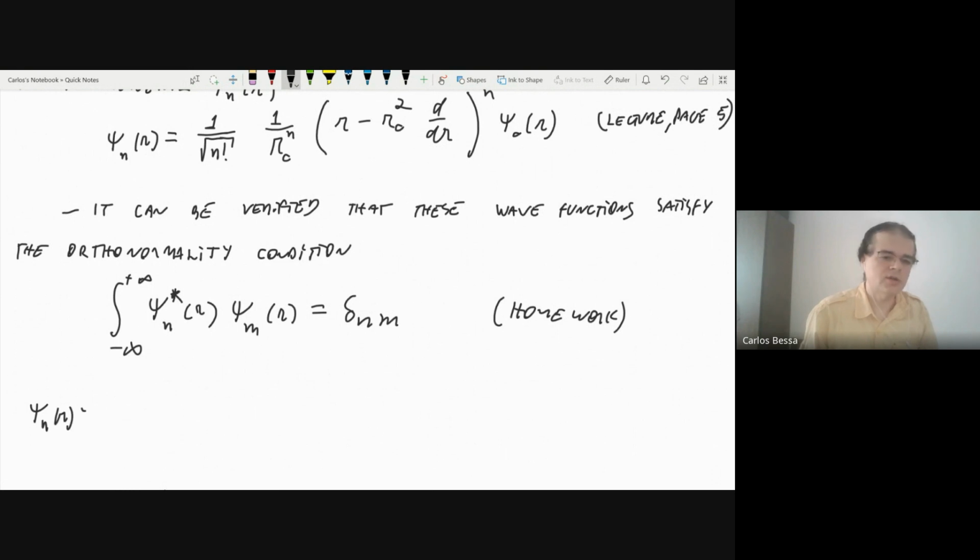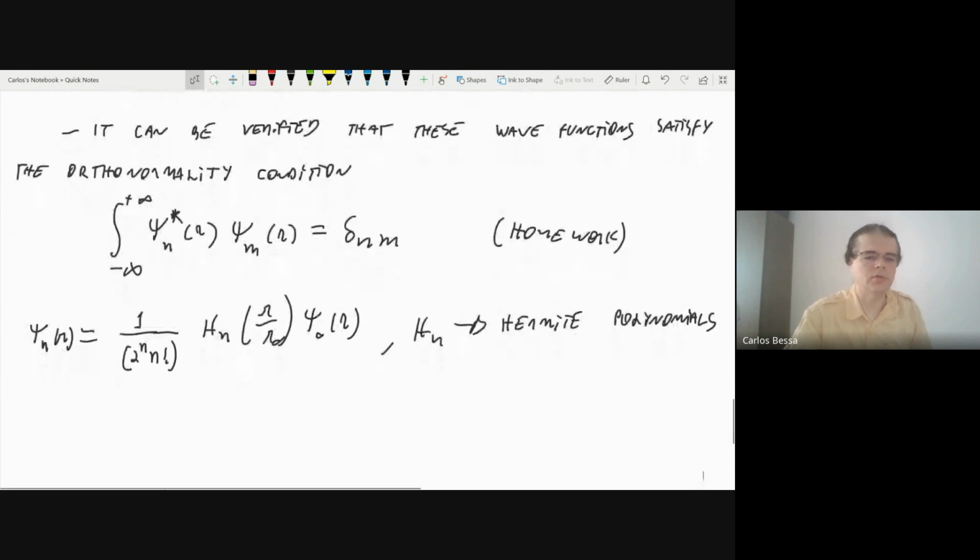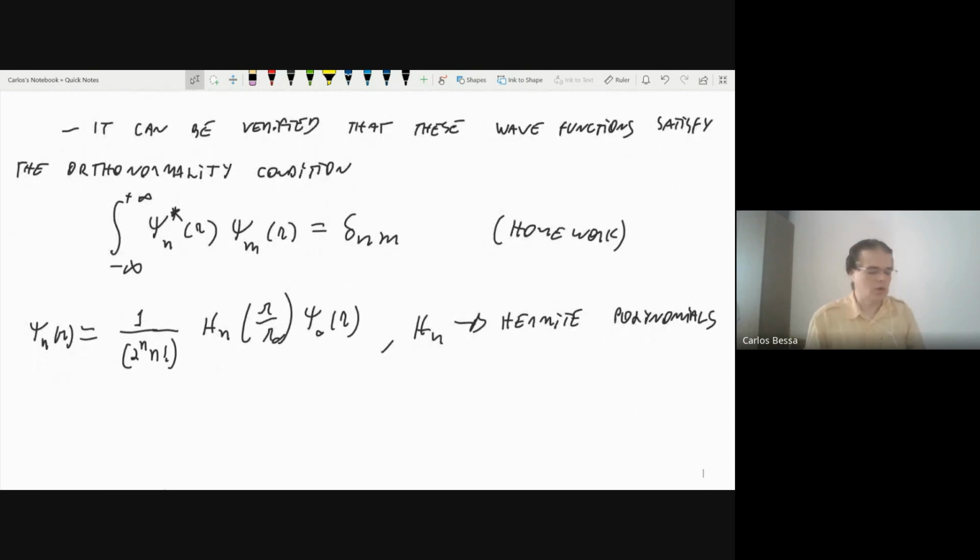So psi n of R, this guy here, could be written with H n and psi 0, where this H n are Hermite polynomials. And this would be simple to show, because you'll just need to use some properties of these polynomials that you can find in tables, if you don't want to demonstrate. So, okay, just a review.